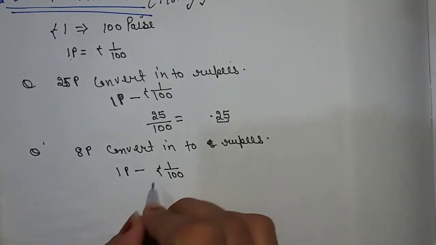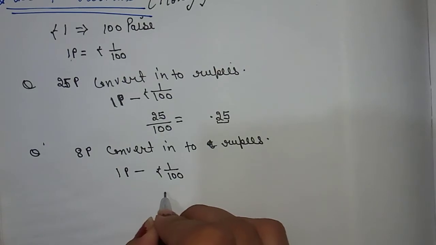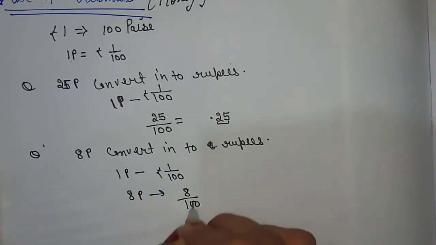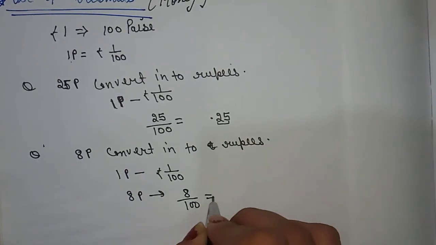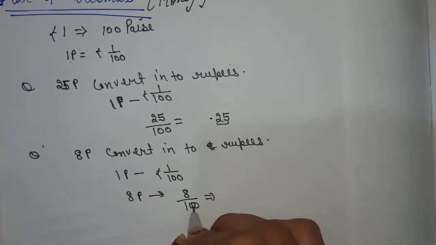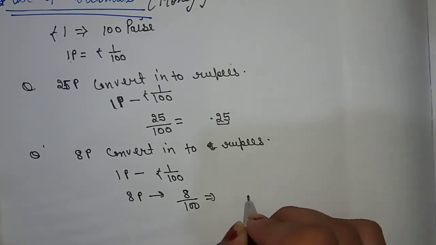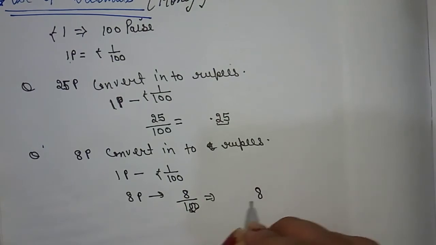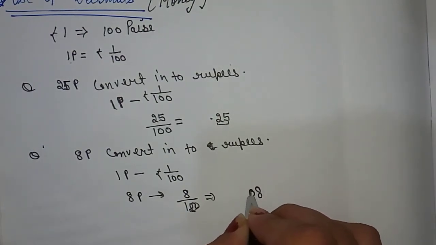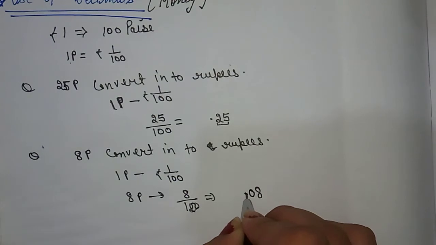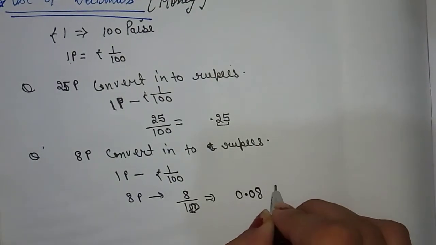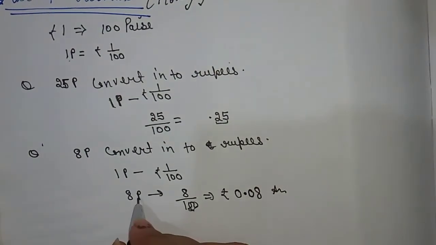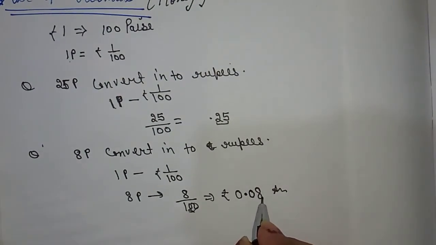So in 8 paisa, it becomes 8 upon 100 rupees, right? When we divide 8 by 100, it is 8, but you have 2 zeros, which means 2 decimal places, so put a zero on the left side of your digit and put the decimal. So your answer will be 0.08 rupees. In 8 paisa you have 0.08 rupees.